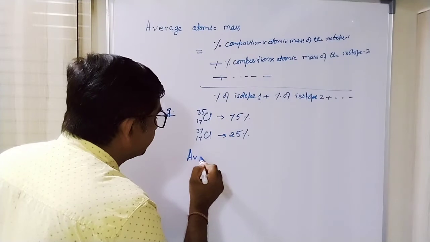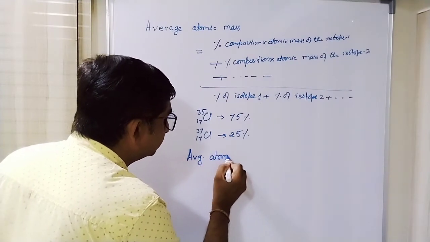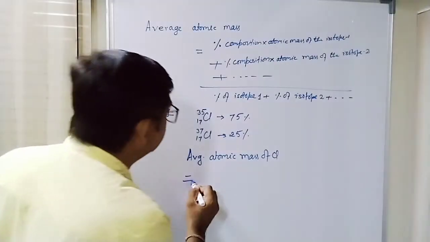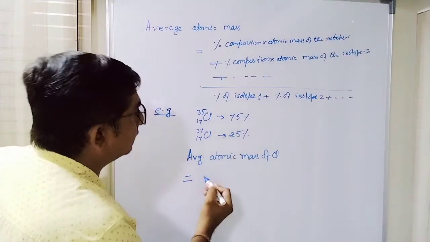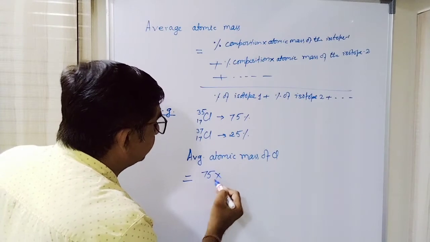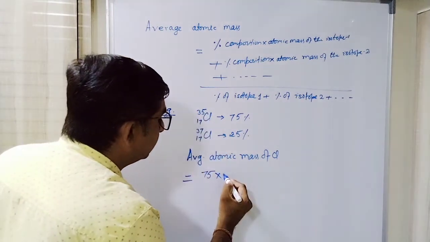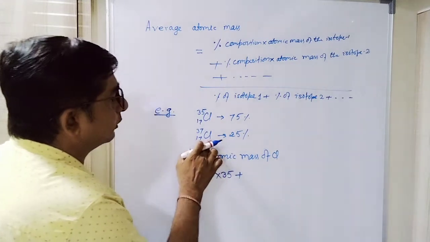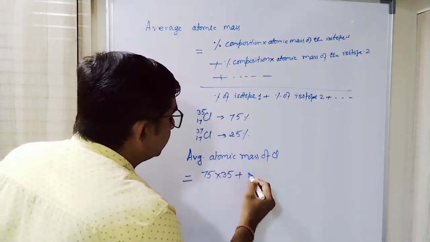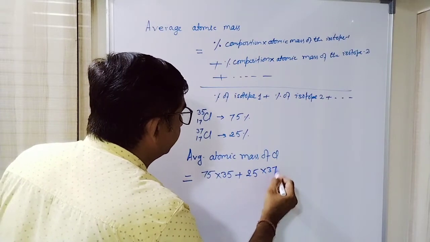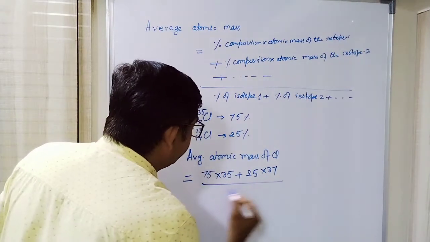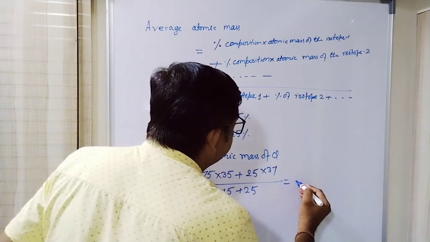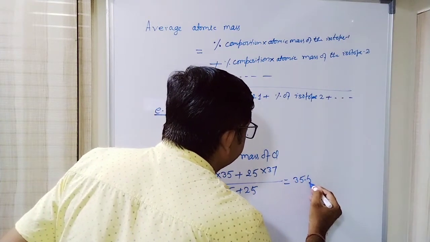So the average atomic mass of chlorine will be equal to the percentage of chlorine-35, which is 75, and its atomic mass is 35, so I multiply by 35, plus the atomic mass of chlorine-37, which is 25% into 37, divided by 75 plus 25. If you calculate it, it comes as 35.5.